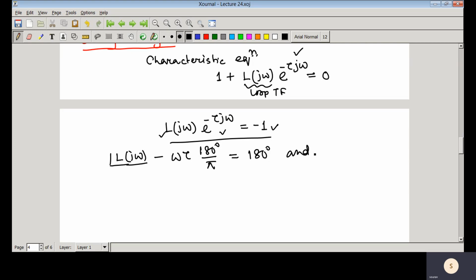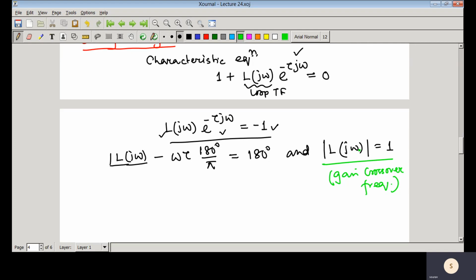And what is that gain relation? If you take the mod of this one, mod of L j omega equal to 1. So now one interesting thing we can observe here, that this is that frequency where the magnitude is equal to 1. So that means this omega is nothing but the gain crossover frequency, because this is that frequency where that gain is equal to 1.